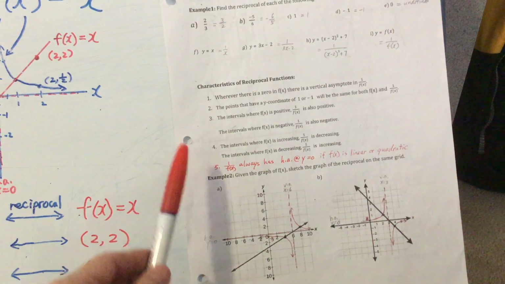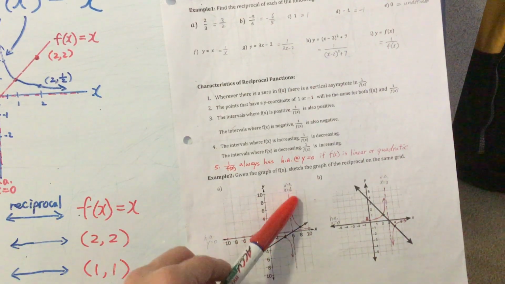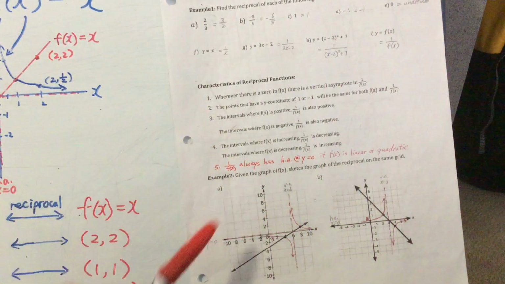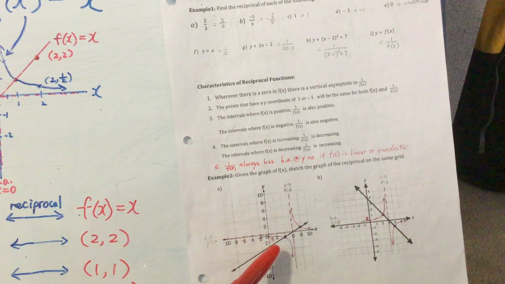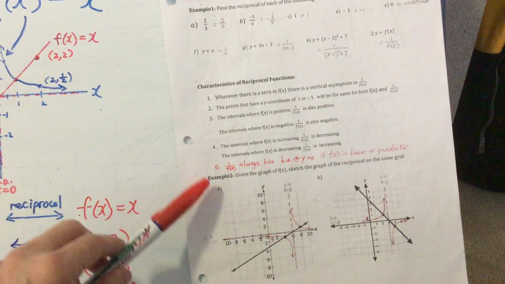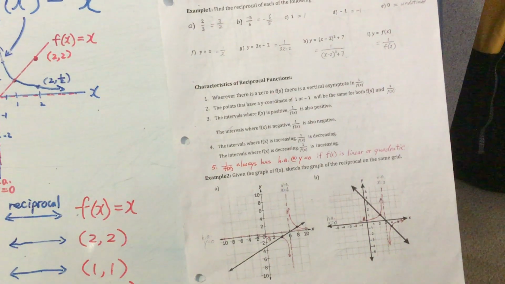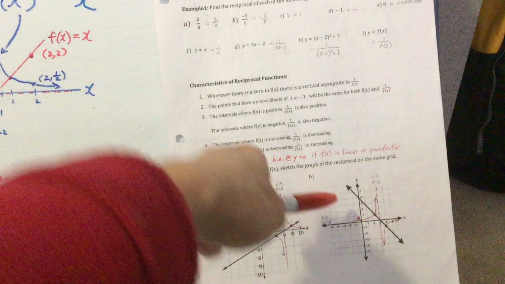And also I need to make sure that because the original linear function has an interval of increase only, the reciprocal will only have an interval of decrease. Okay, so after you generate or graph your reciprocal, I want you to go back and make sure that you do all this checking.